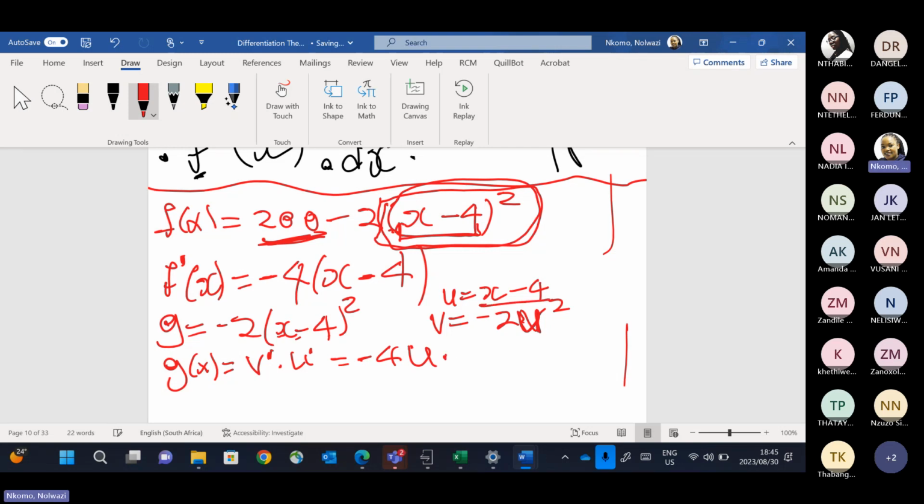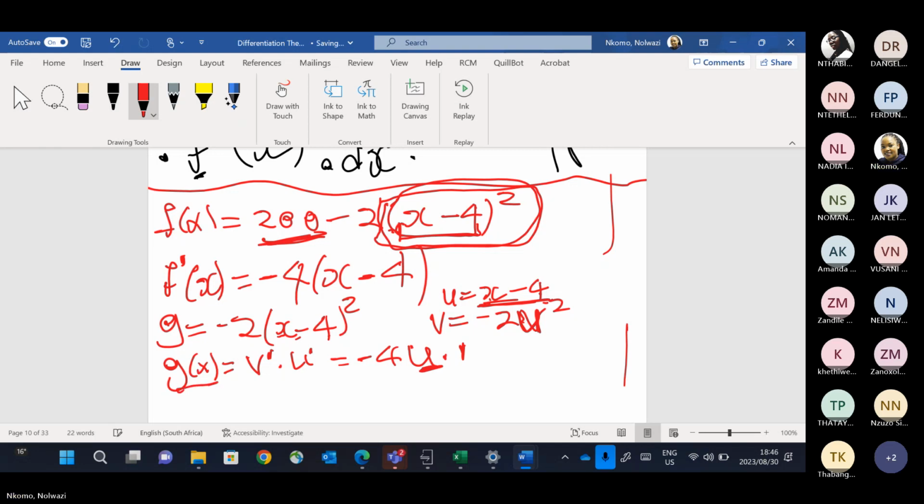Times the derivative of u with respect to x, which is 1, because the derivative of x is 1 and the derivative of minus 4 is 0. So this means we have minus 4u, and we know that u is x minus 4. Then you substitute back your u here.